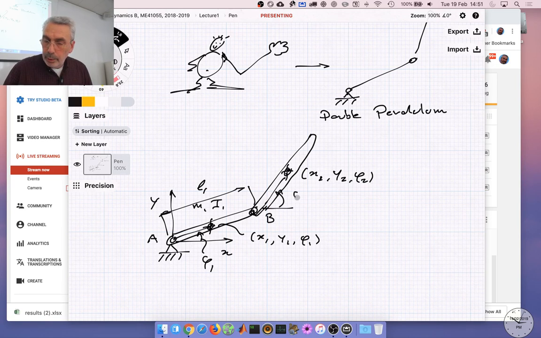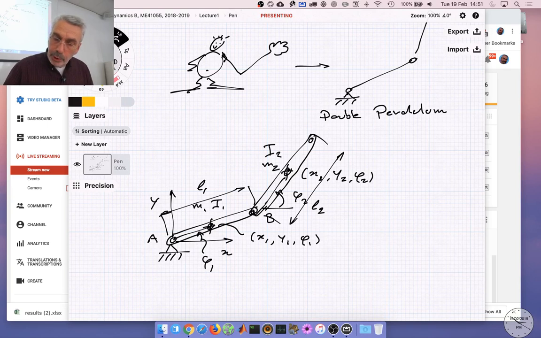To be dead clear about what this angle phi2 is, I put it again here. And then we have, of course, a length also, L2, for this body. We have M2 and I2. And there's this endpoint C. The C is the point where the manipulator is reaching out to the world.